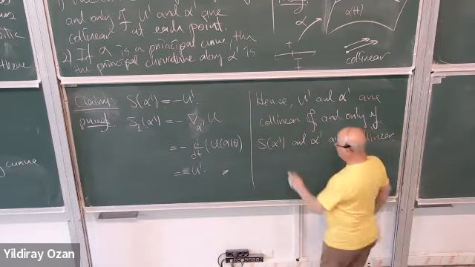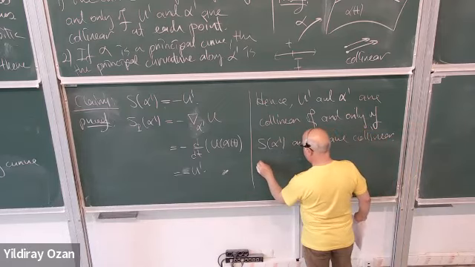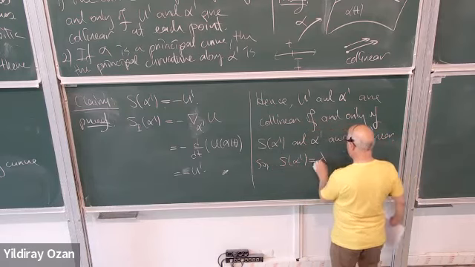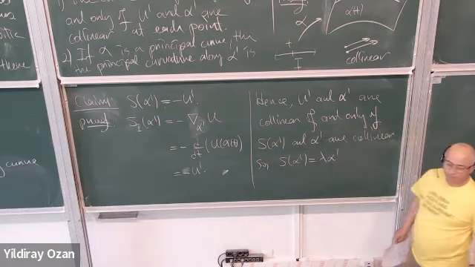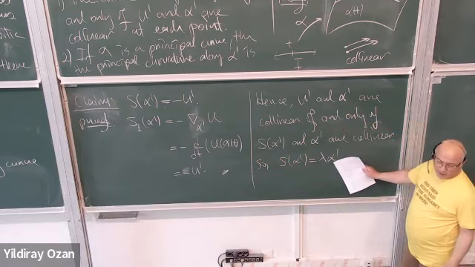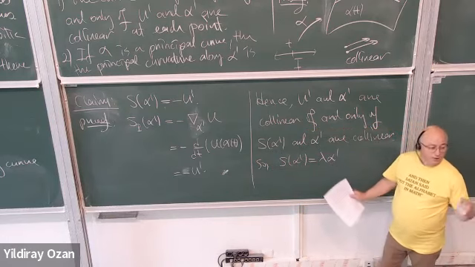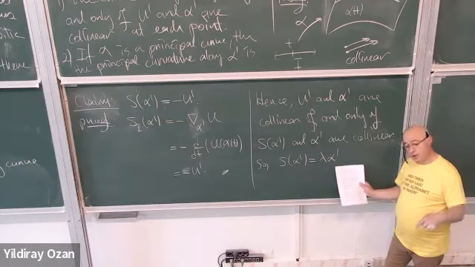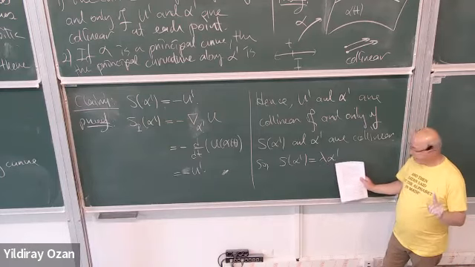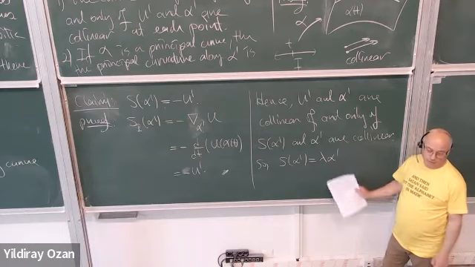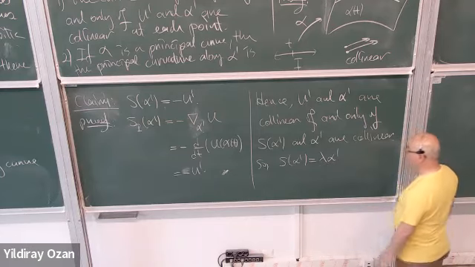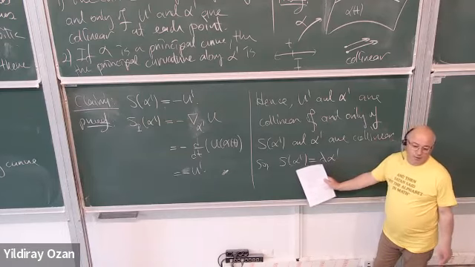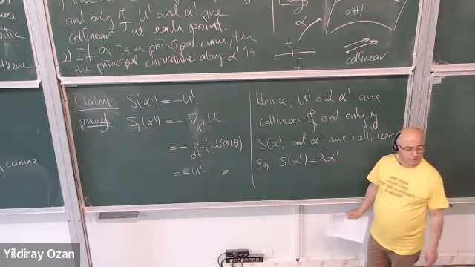But this is an operator. They are collinear means S of alpha prime is just lambda times alpha prime. This is a non-zero vector. If two vectors are collinear, one of them can be written in terms of the other one, provided that it is not zero vector. But this means that alpha prime is an eigenvector for this symmetric operator, right?